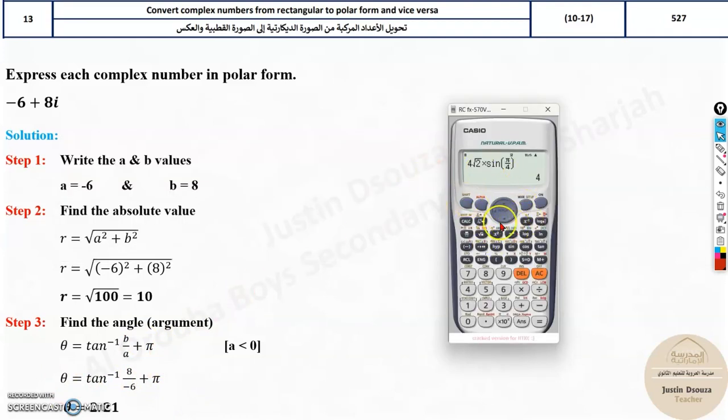So tan inverse 8 divided by -6, close the bracket, plus pi. Since my calculator is in radian mode, I don't need to worry. Otherwise, you need to press shift, mode, and 4 because I'm using pi. This is in radians. Theta is 2.21 radians.